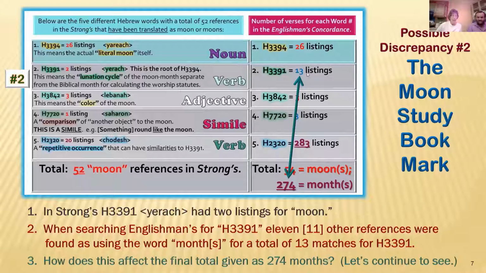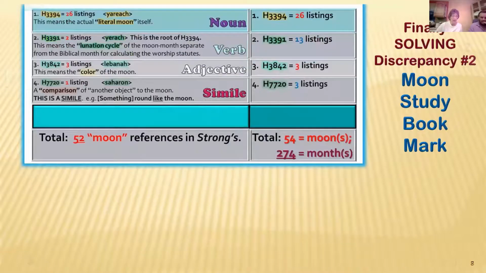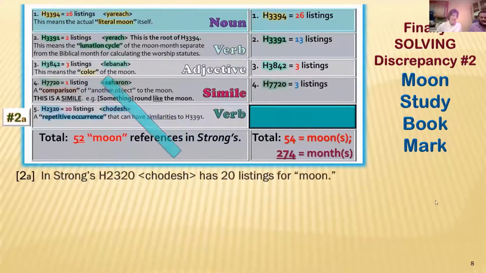Now, number 3, how does this affect the final total given as 274 months? And I probably could have left that off of this cheat sheet, and maybe when we redo it, we'll do that. But I want to show you how this works. And it uses a little bit of math. Okay, I've labeled these as 2A so that you can follow my comments here, 2A with 2A.